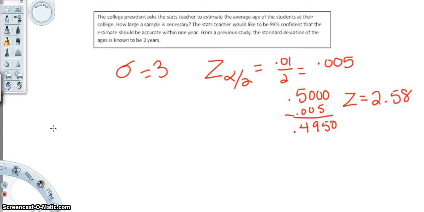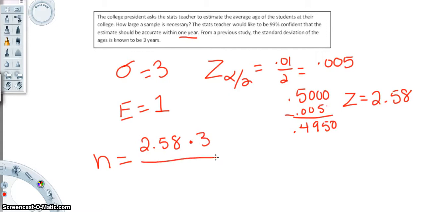So now we substitute into the formula. Oh, actually, we need to know that within 1 year. So we know that our E is equal to 1 year. So now substitute in the formula, we say N equals our Z sub alpha over 2, which came out to be 2.58, times our standard deviation, which is 3, over our error, which is within 1 year, and square it.